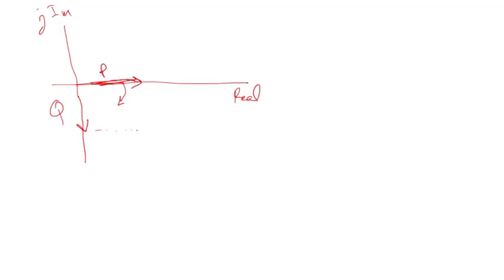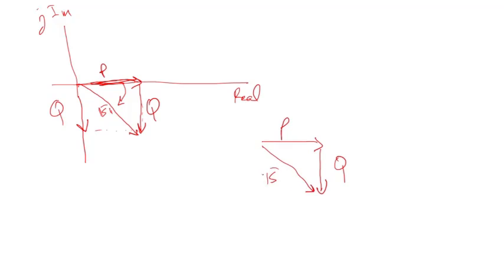If you draw the equivalent, this would be S. If I slide Q, just scoot it here, that's Q. So instead of drawing real and imaginary, I can just draw the powers. I have P here, I have Q pointing this way, and here's the resulting complex power, and here's the angle theta, which is negative.